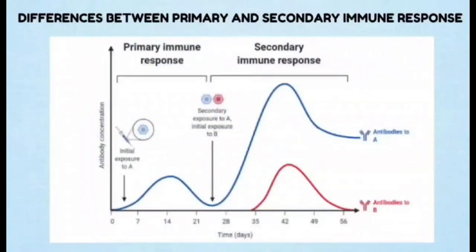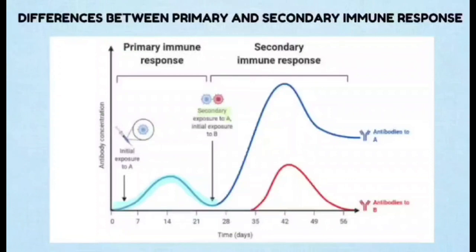This is the graph that shows the antibody concentration of primary and secondary immune response. During the initial exposure to antigen A, primary immune response will occur, producing antibodies to A. Antibody concentration will undergo lag phase, increase slightly, peak about 10 to 17 days, then decrease slightly.